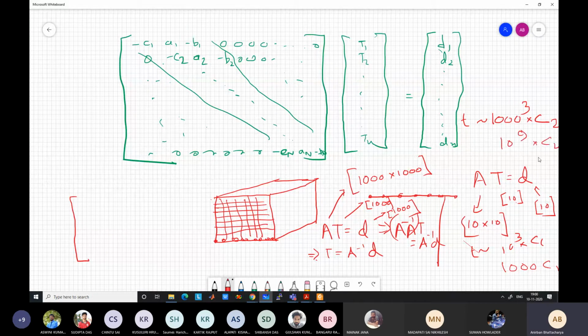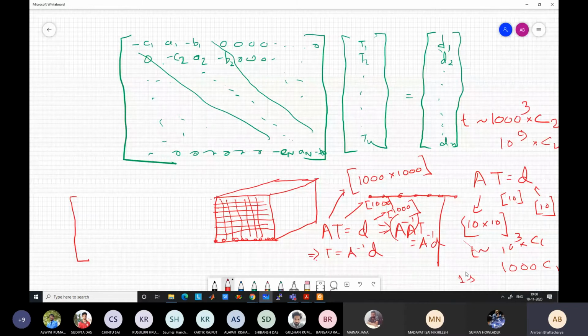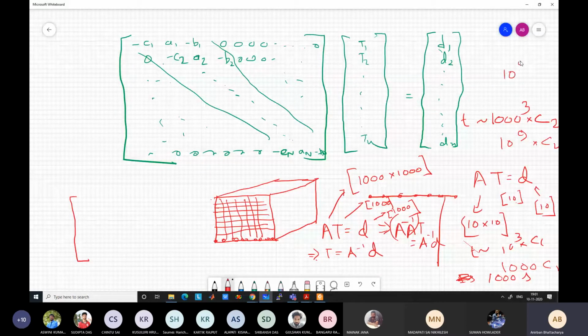Okay, 1 billion. Say it takes 1000 seconds to solve for the 1D problem. For the 3D problem, it will take 10 to the power 9 seconds to solve.